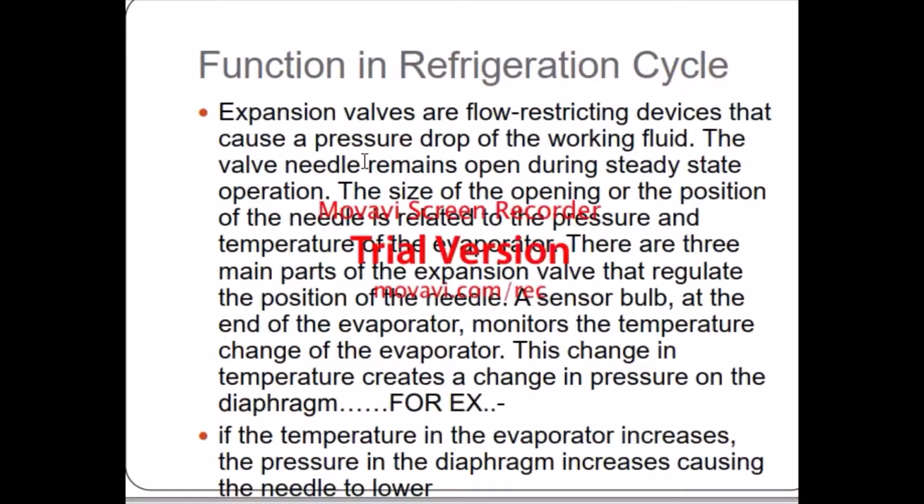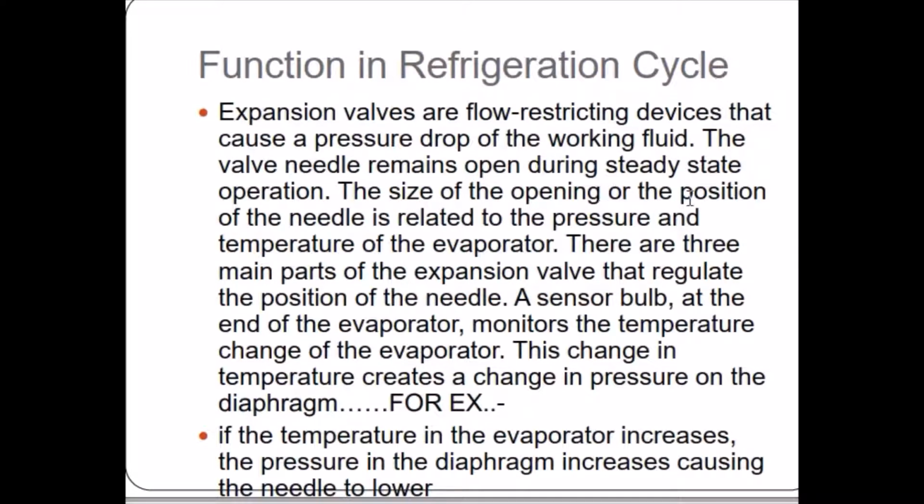The diaphragm will control the pressure. If the pressure drops, the valve on the input line will open, so the spring will release the valve. That's why we supply the amount of refrigerant into the needle.